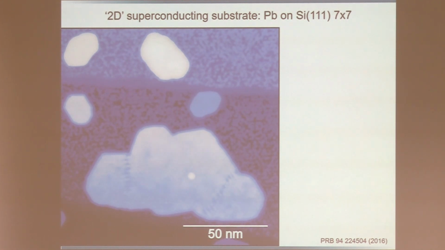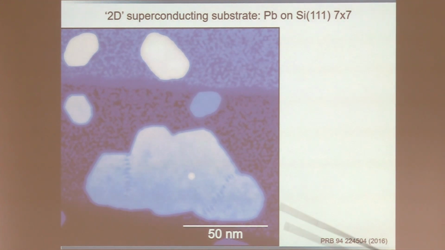Because you can engineer energy gaps or do some Zeeman splitting. The thing that is really strong and really hurts is elastic scattering of electrons. And we thought, let's just go to a superconductor, have a small gap at the Fermi energy, and this should completely suppress the elastic electron scattering.